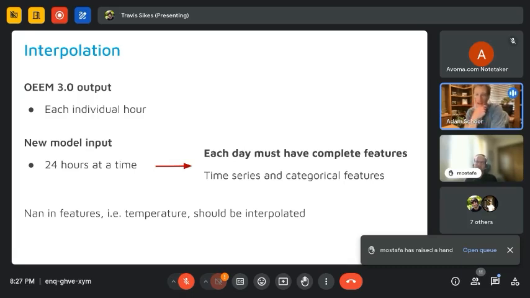Given that, and the results of all the testing these guys have done showing that this approach dramatically reduces error, it is really desirable to go that direction. Now, since we've gone that direction, you need to have complete feature sets. You can't have these null values.